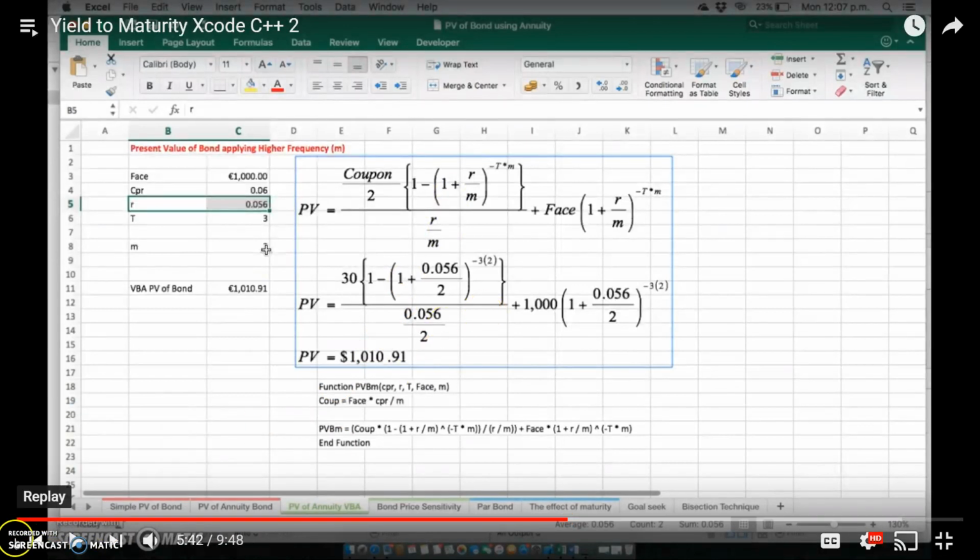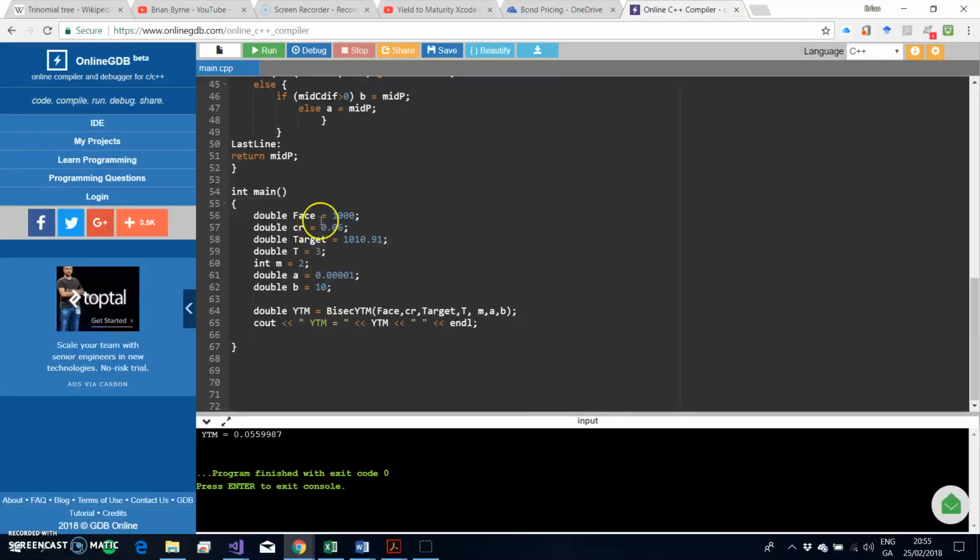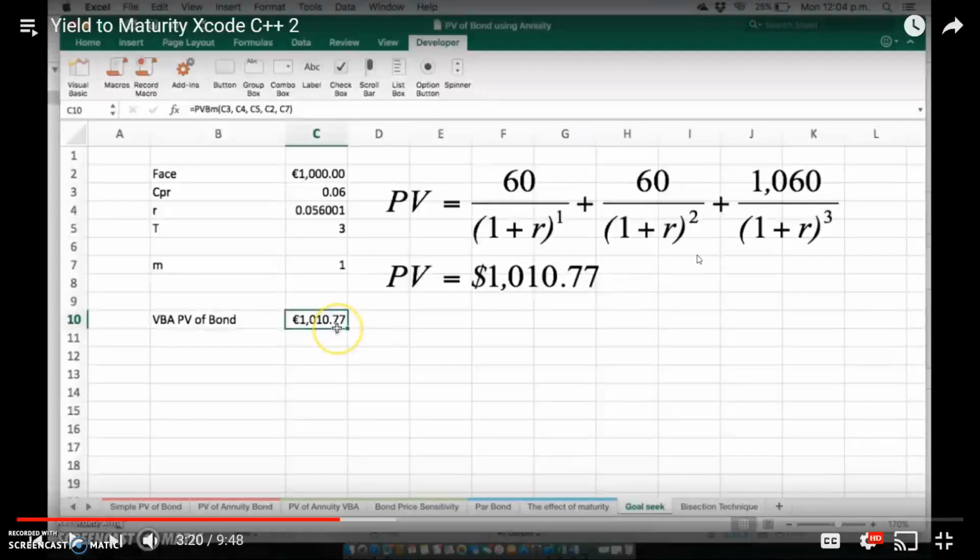I'll leave a link, so if I go back into the online compiler here, I will leave a link to this code. Maybe we can do one more check before I do that. So here's another example, perhaps a little bit better in terms of, it's more intuitive in terms of what we're trying to demonstrate.